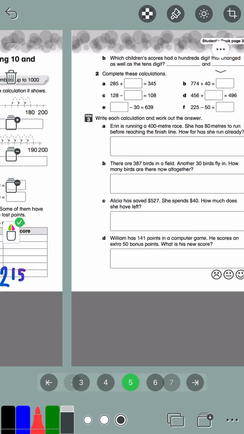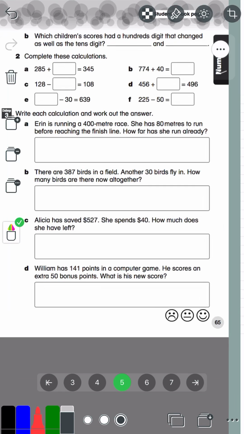For the other page here, we have this question. Complete these calculations. 285 plus what equals 345? Now, you can count on in tens to find this number. So let's count on. 285, 295, 305.